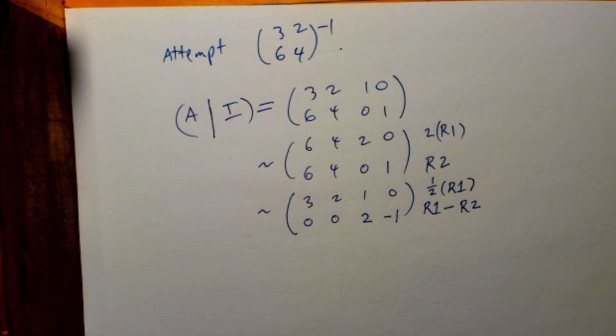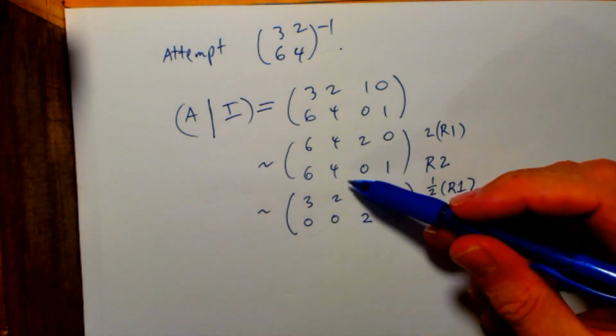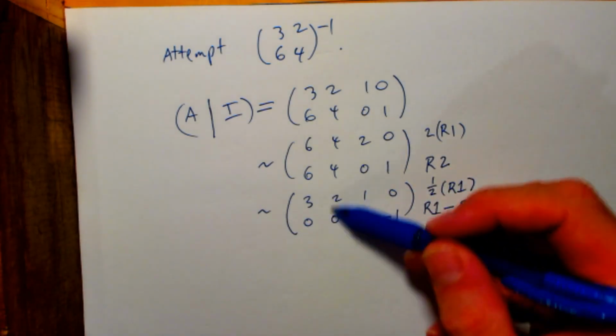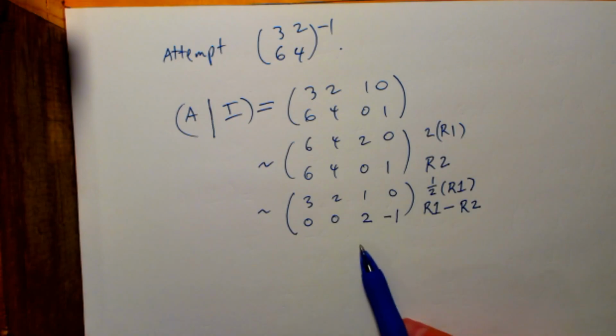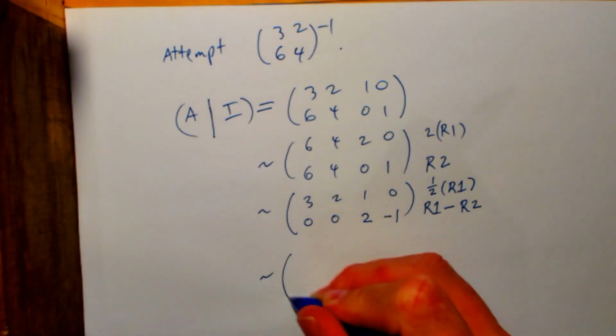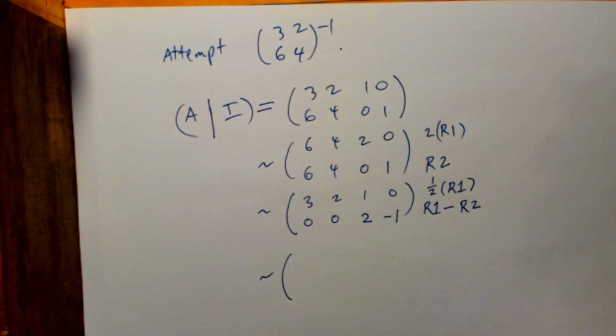Okay, now we can see already that it's impossible to form the identity matrix on the left here, right? But let's go ahead and continue to put this in row-reduced echelon form. Okay, so what we want to do now is just divide row 1 by 3.